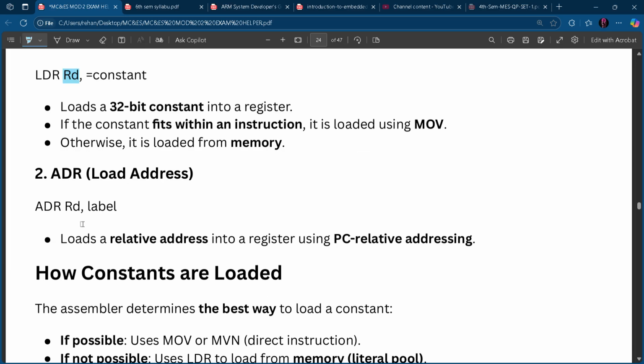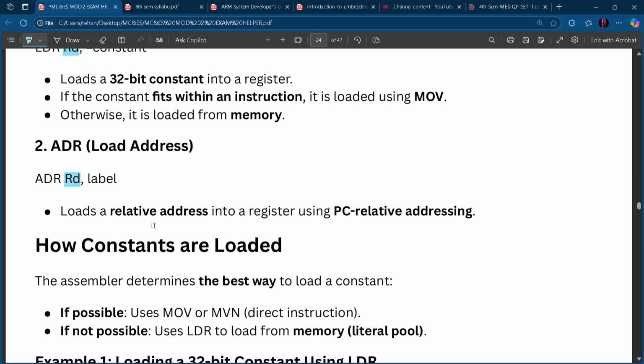Then load address, ADR: the address from the label is loaded into the register. The relative address from the label is loaded using PC relative addressing.